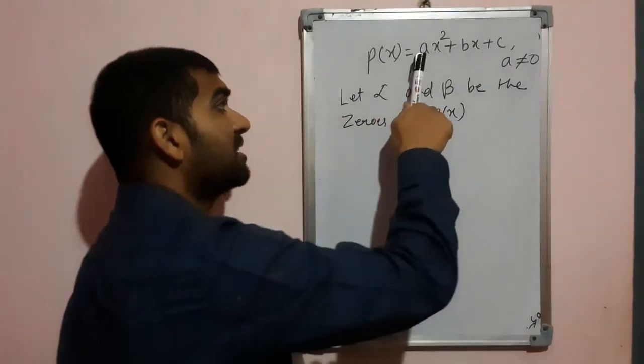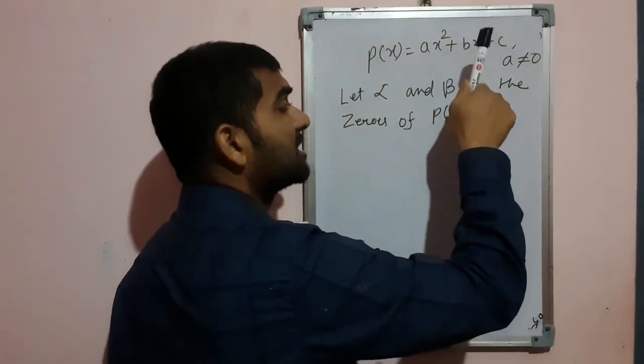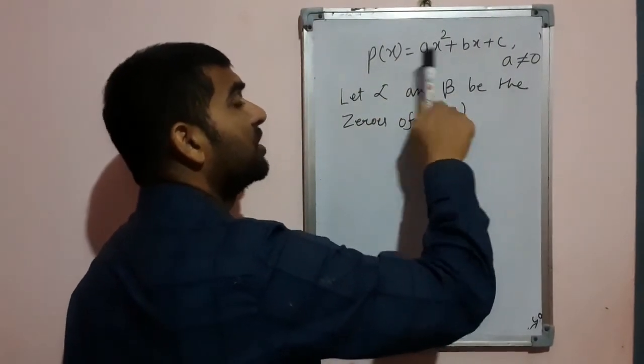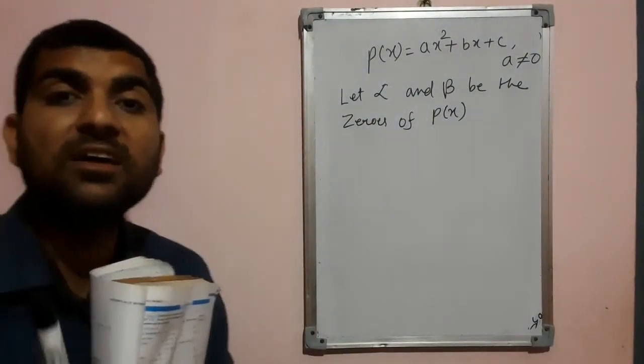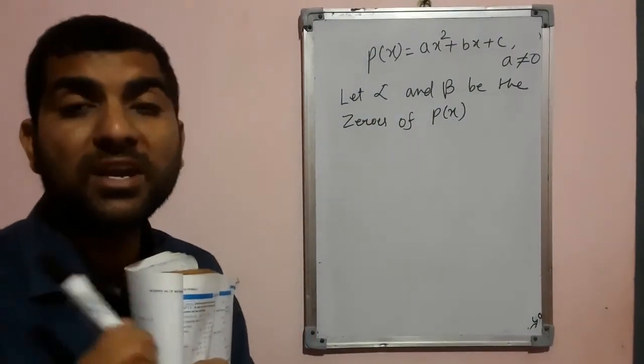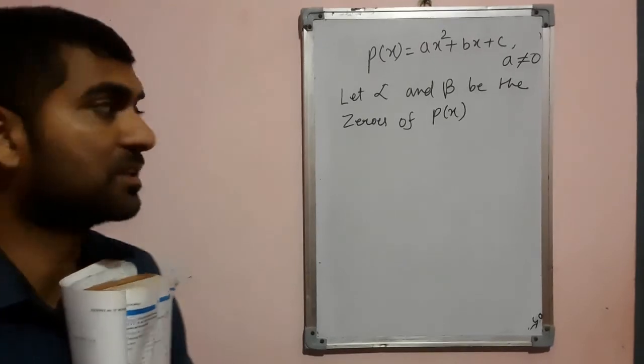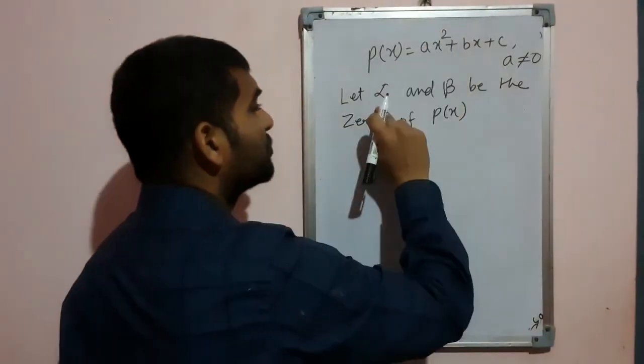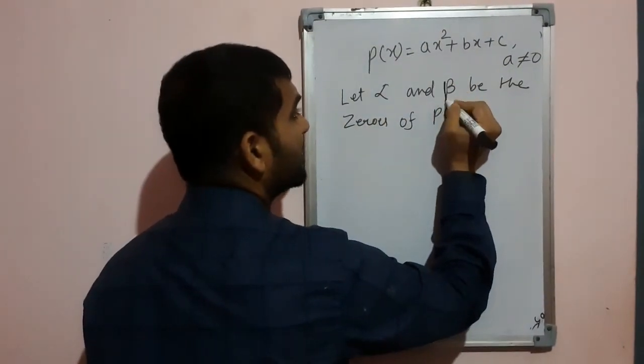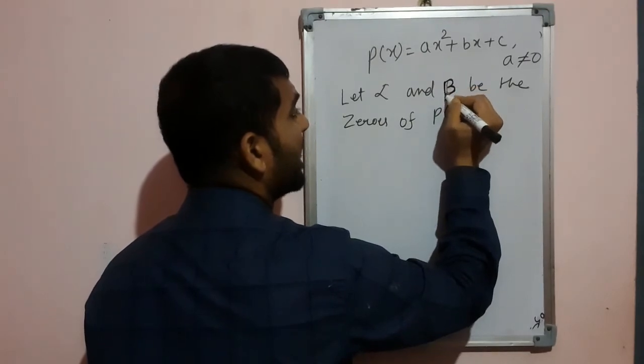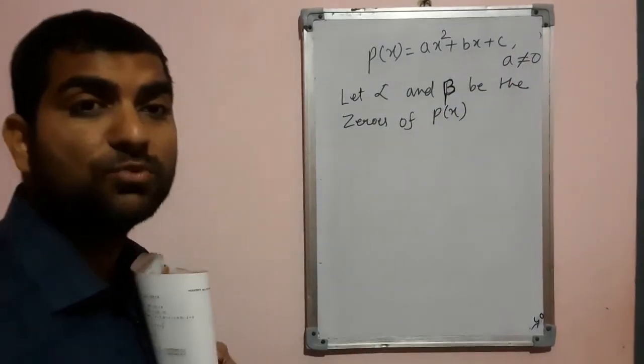Here this equation, ax square plus bx plus c, where a not equal to 0, is known as the standard equation of a quadratic polynomial. Now since the power is 2, there are 2 zeros, alpha and beta. Alpha and beta are the 2 zeros.